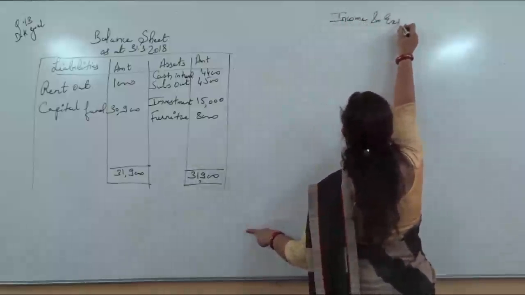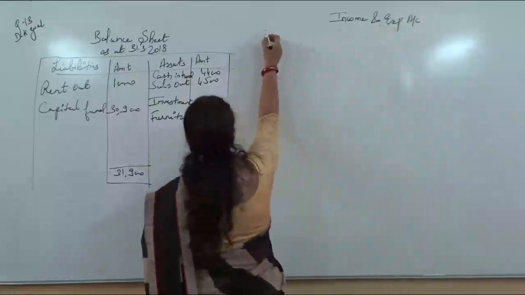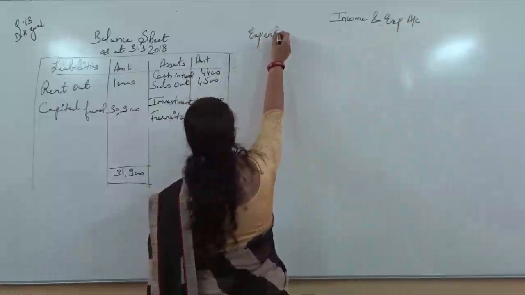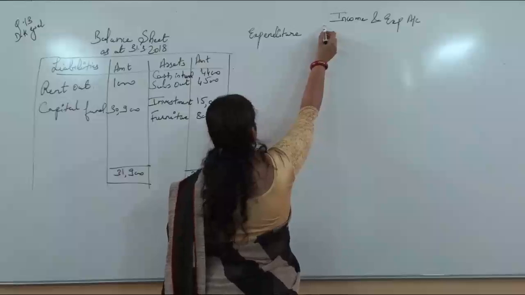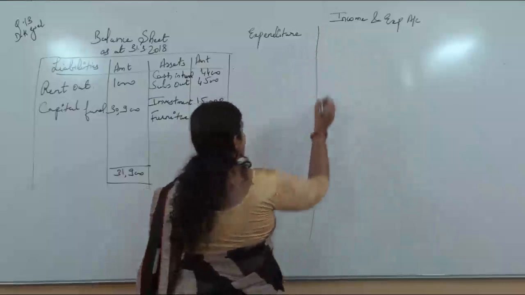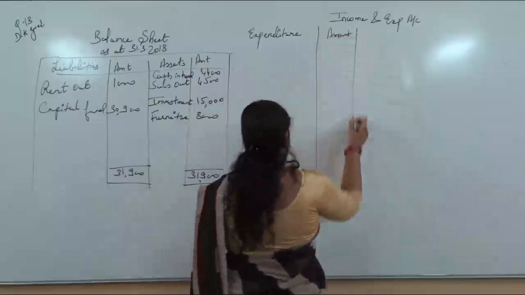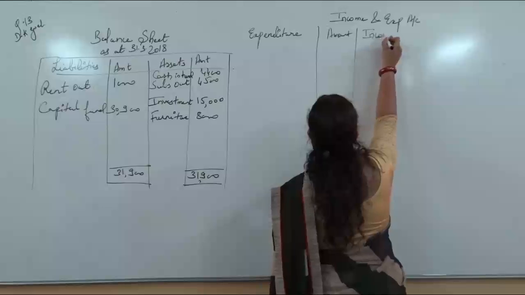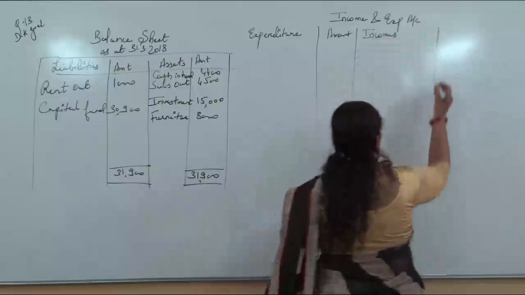Income and expenditure account. Make the format: expenditure, amount, incomes, amount.